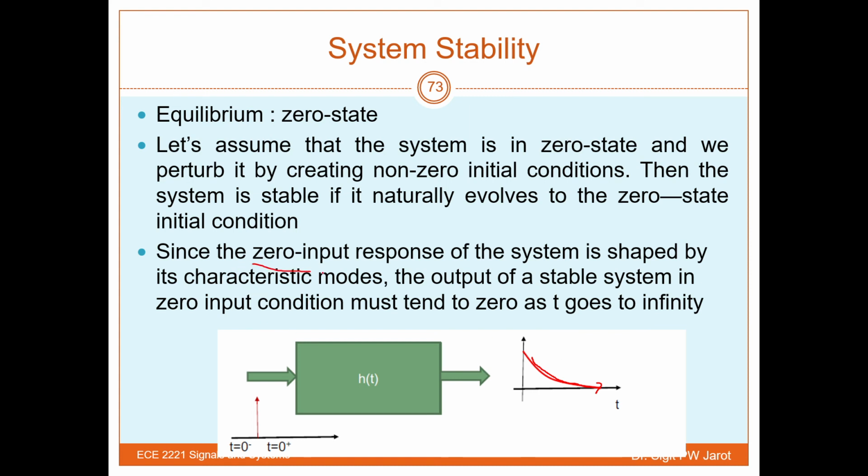Alright, for the zero input response, usually the system is represented or shaped by characteristic modes, c e^(λt). The output of a system under zero input condition is categorized as stable if the system goes to zero as t goes to infinity, just like this one. Sooner or later, naturally it goes to zero, so that is a stable system.